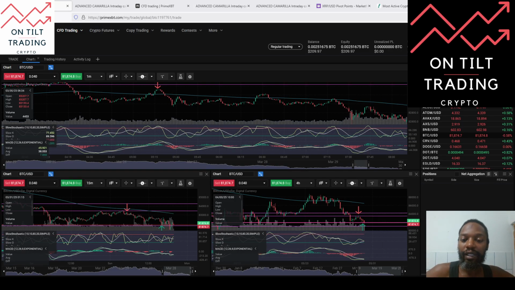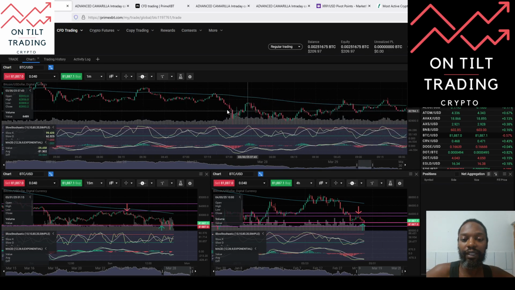Also, this test of the 200 here, and then it finally breaks down. We can see the volume coming in here. We can see the slow stochastic indicator in an overbought condition, and we can see sellers have momentum with the MACD trading below the average here on the 1 minute. This is showing that the selling pressure increased in this area.